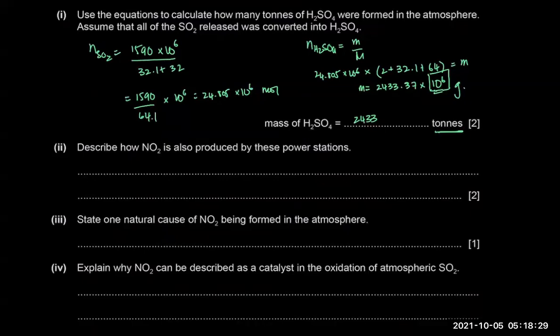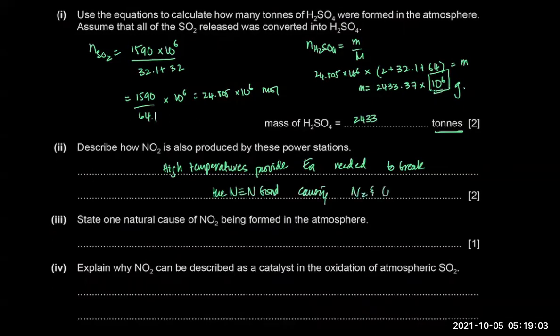Exactly. So what we have is high temperatures in the power stations, right? They provide the activation energy needed to break the N bond, and cause nitrogen and oxygen to react, and that forms the nitrogen dioxide.